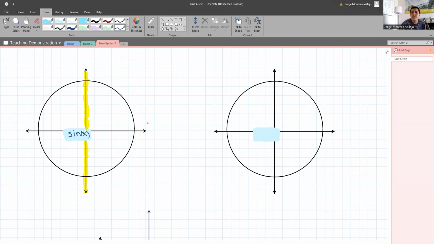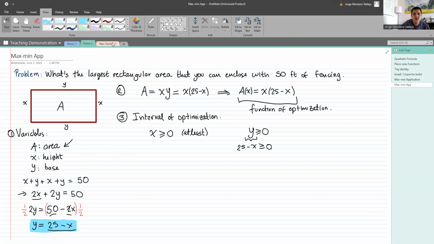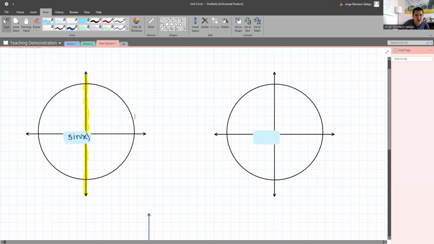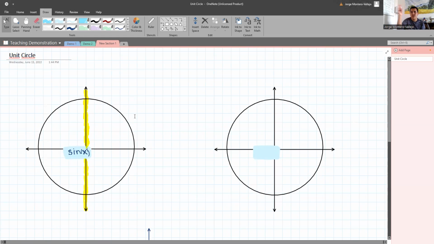Let me change pages, and maybe that would help it. Let's just keep working and see if it gets bad, then I'll probably have to close OneNote and then open it again.